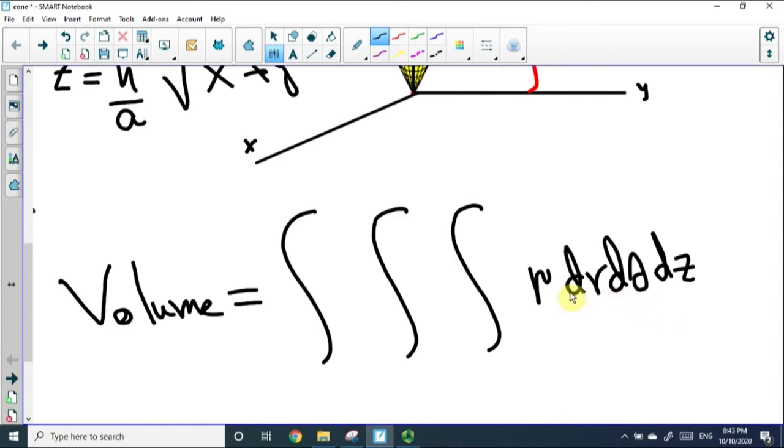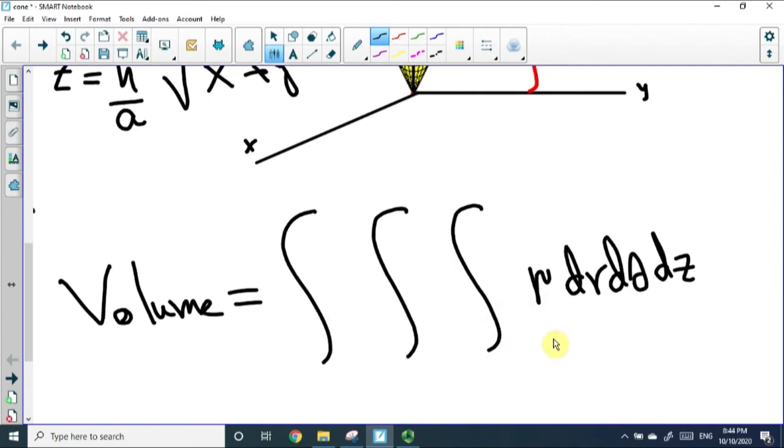Now, which order should I use? Again, that's a matter of choice for you. It could depend on the problem itself. One order may be easy, another order may be more difficult. So you have to decide on what is the suitable order that you should follow. In many examples, any order will work. However, in other problems, you will find out that one order is more suitable than the other choices.